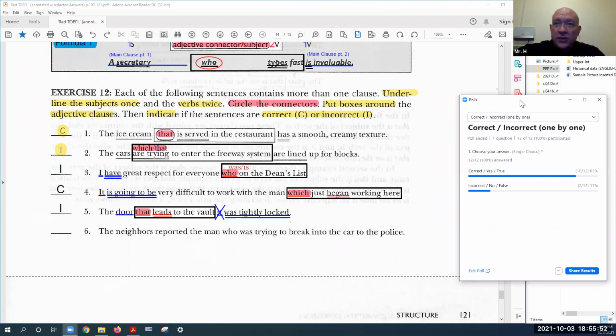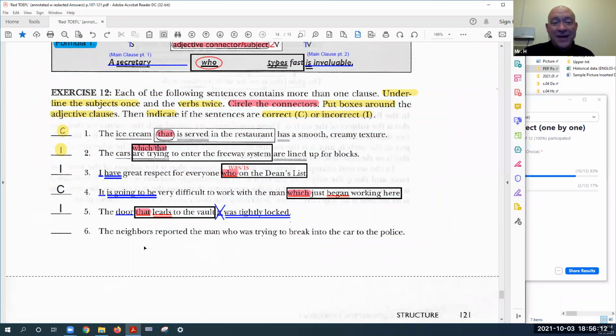So, who thinks it's incorrect? Okay, Al-Harbi. Who else? Come on, 2 people said it's incorrect. All right, Khalid, you want to try to explain it? Let's find the subjects and verbs. Majid, you want to find the subjects and verbs? Yes.